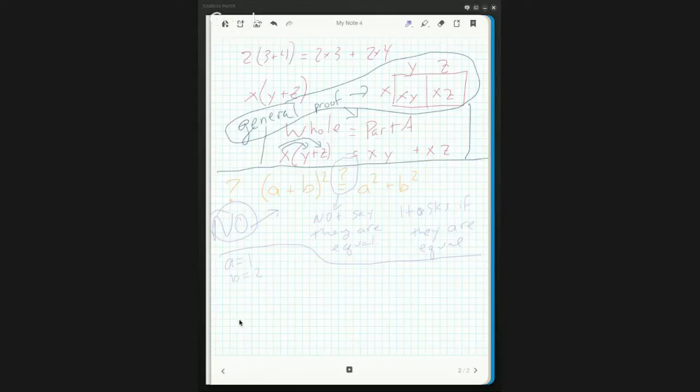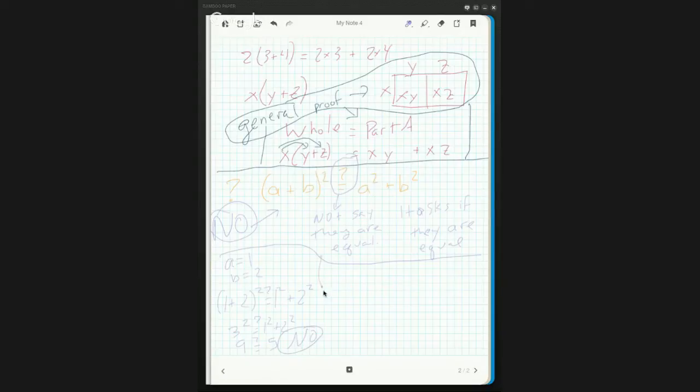Let's see if this is true. So is 1 plus 2 squared equal to 1 squared plus 2 squared? 1 plus 2 is 3. Does 3 squared equal 1 squared plus 2 squared? Does 9 equal 1 plus 4? Does it equal 5? And the answer is no.